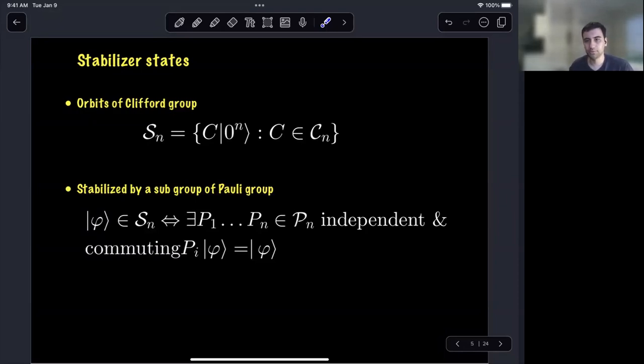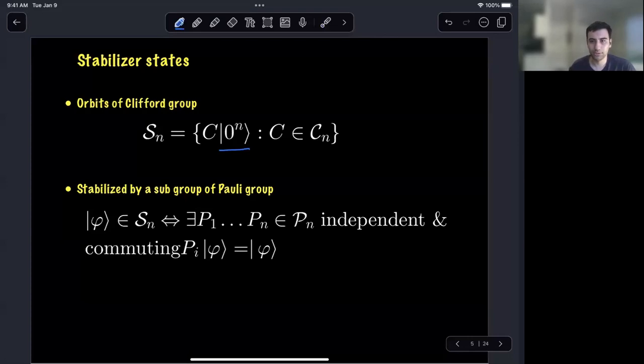The Clifford group has some action on the Hilbert space of n-qubit states, and the stabilizer states are just the orbit of this group action containing the zero state. So if I start with |0>^n and I apply some Clifford, then I get a stabilizer state. And this is the only way to get a stabilizer state.